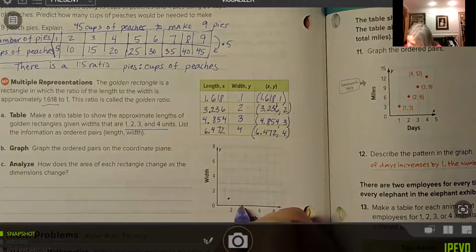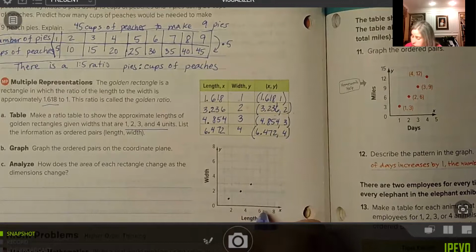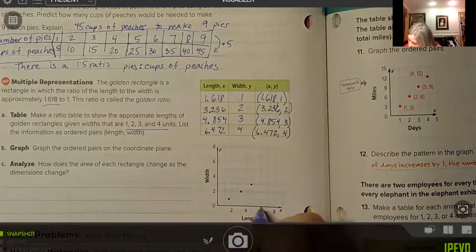And then up to 4.854 at 3, and 6.472. So right about 6.5 and 4.